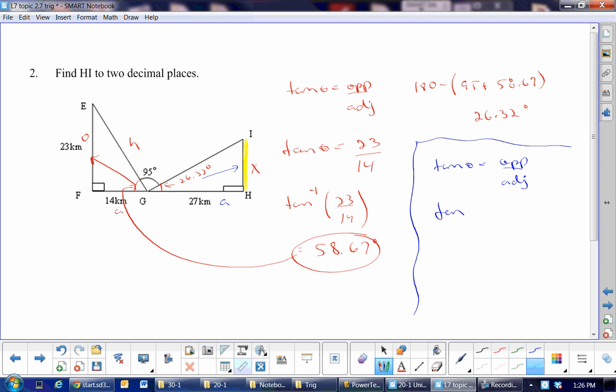Tan 26.32 degrees equals the opposite is X, and adjacent is 27. Okay, now this can just come up here, so it'll be 27 times tan 26.32, and that will equal 13.36 kilometers.